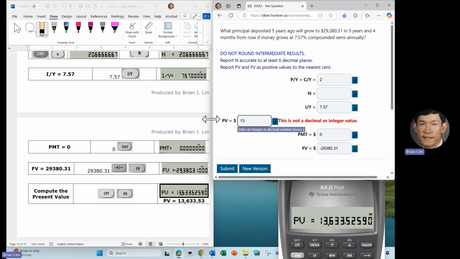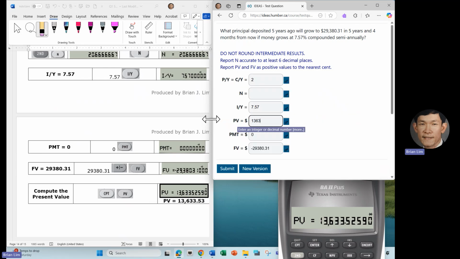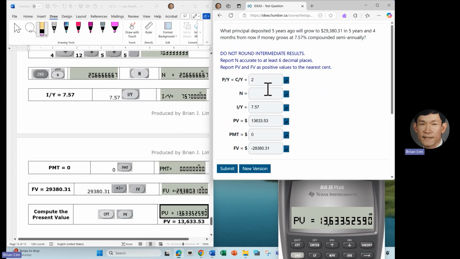All right, so let us now put those numbers in. The number for the present value is 13633.53 if we round it. So we have everything. No, we don't have the value for n, so we'll enter that right now: 20.6666667. And there we are.